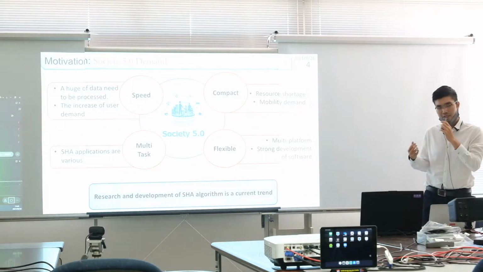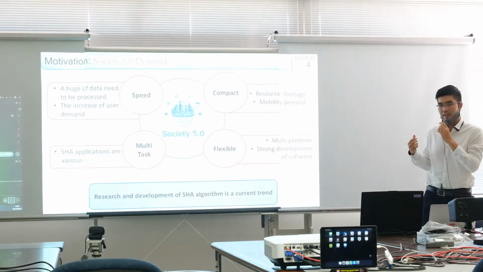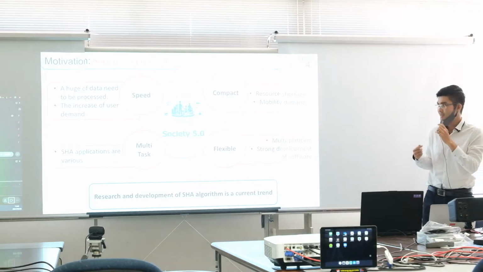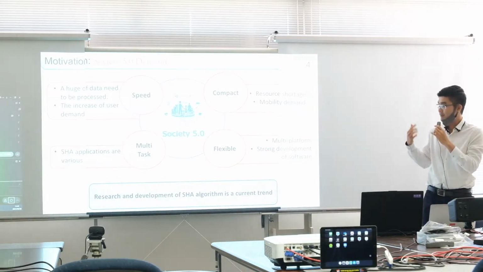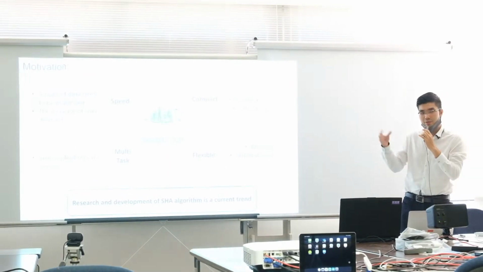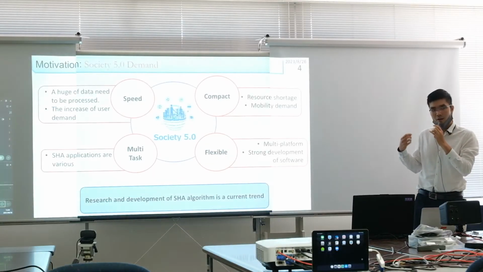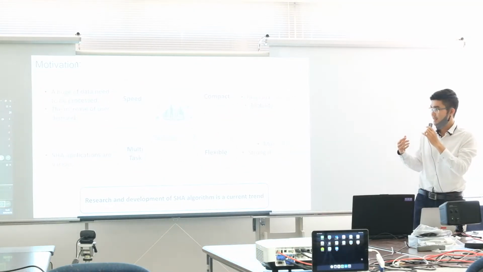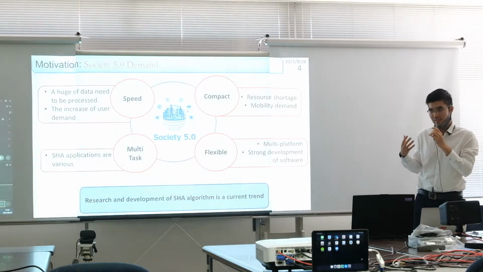And the motivation for my research is that in Society 5.0 there are 4 main demands. The first is speed, because when a huge amount of data connects into your network, you need to process all of it. Another is that many people want their software to be smoother and faster.